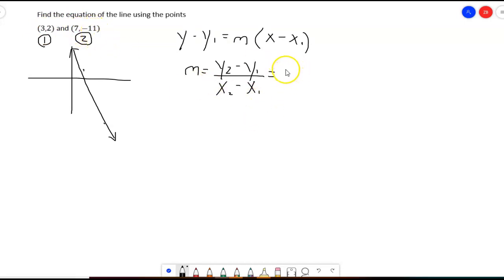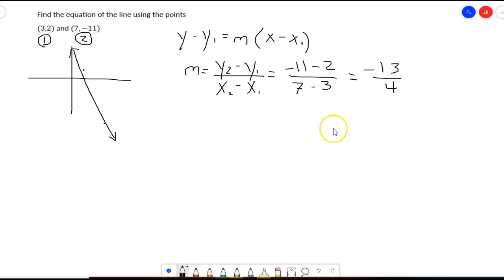So my y2 is negative 11 minus my y1, which is 2, all over x2, the x coordinate from my second point, which is 7, minus x1, the x value from my first point, which is 3. So I'm going to get negative 13 over 4. I can just leave it like that.